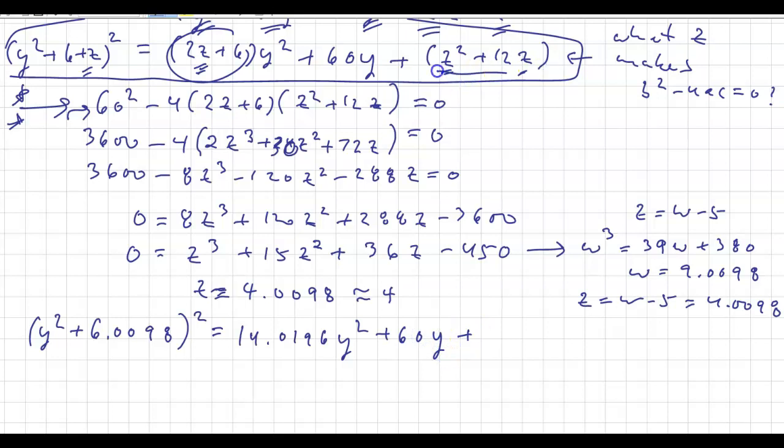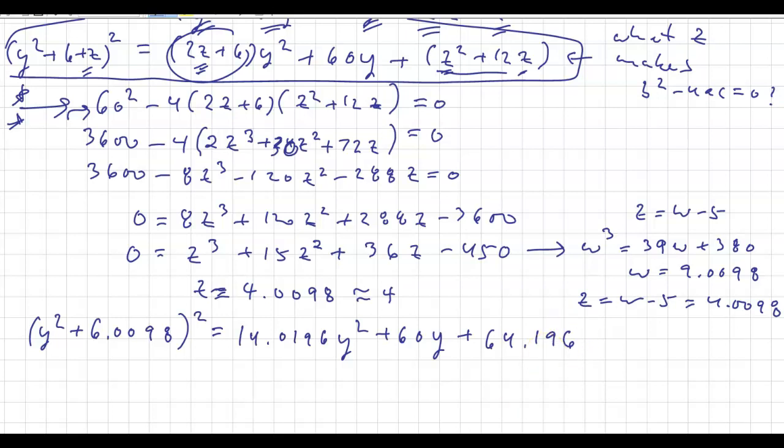And this z squared plus 12z is 64.196 approximately. Now the left side is definitely a perfect square trinomial.